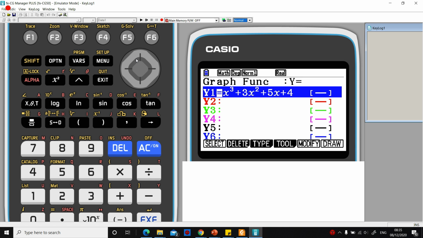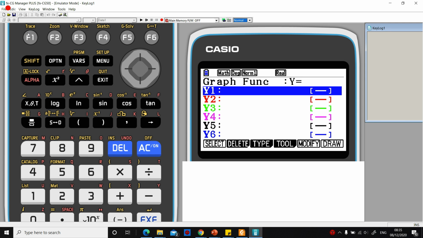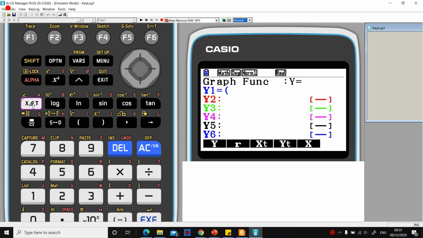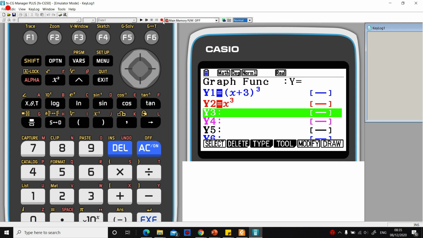Now, at A level, we look at a lot about shifting graphs, being able to understand the relationship of a graph and what's happened to it. Let's look at a typical question that comes in an A level paper, which is (x plus 3) all cubed, and at the bottom we're going to have x cubed. They might ask you what's happened to this.